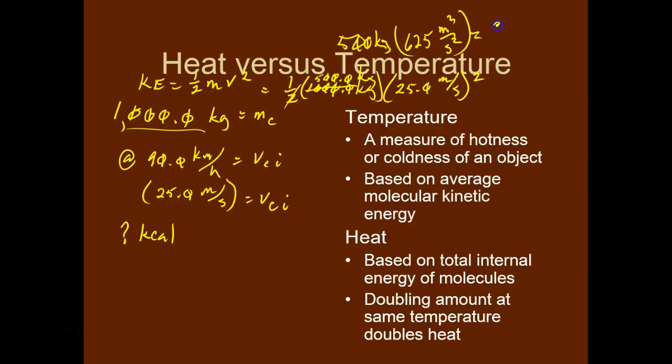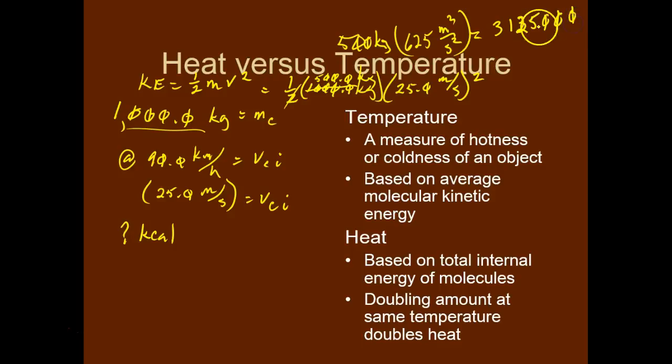I need some more digits than 313, folks. 625 times 500. You have 2 decimals there, 2 decimals there, that would be 4 plus another.